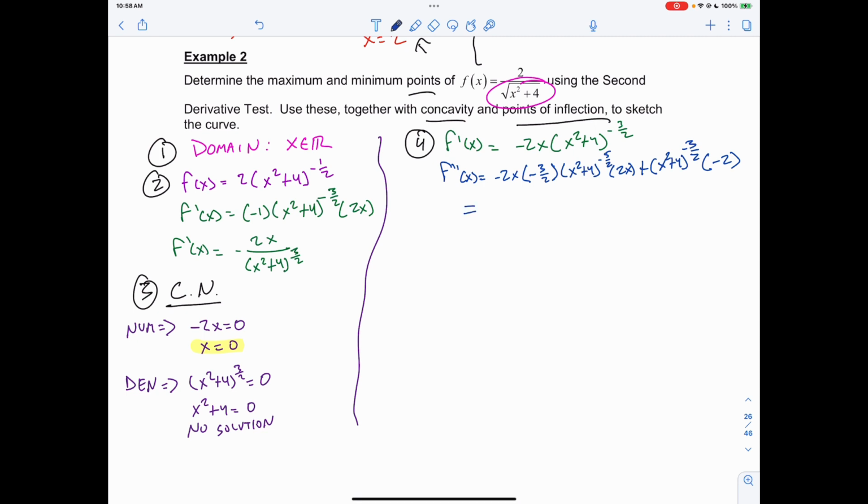This is going to give me, when I multiply it out, 6x squared times x squared plus 4 to the -5/2 minus 2 x squared plus 4 to the power of -3/2.